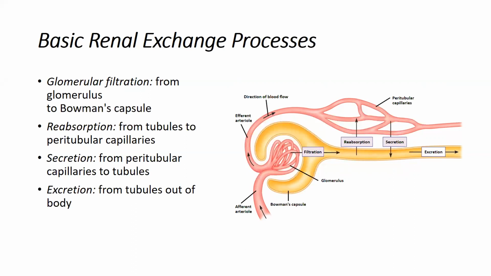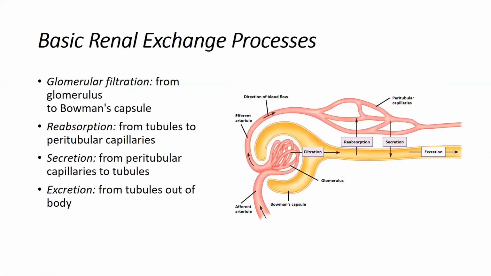Then we have reabsorption, where substances and water is moving from the proximal convoluted tubule back into the blood vessels. All right, so think about you filtering this blood, creating a filtrate here, and then your body saying, hey, wait a minute, I actually want some things back from that fluid. So I'm going to take them back. That's what reabsorption is.